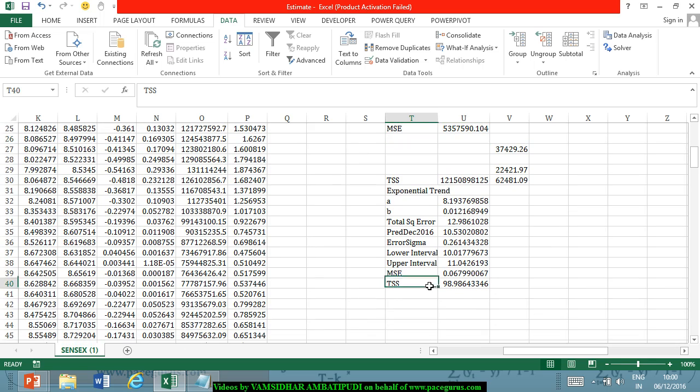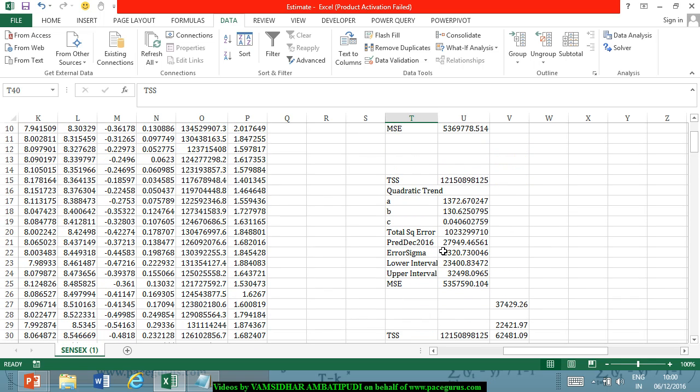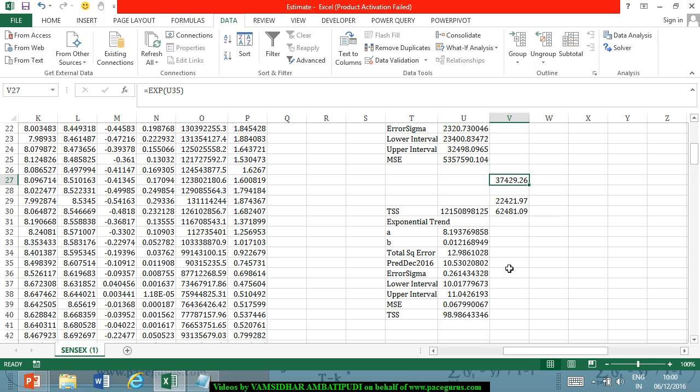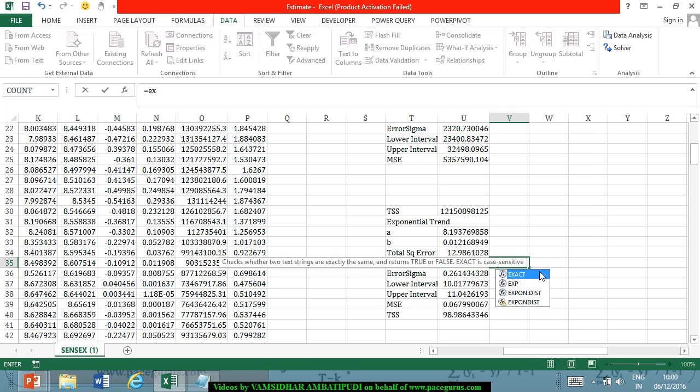So we will go ahead with, based on this, we are computing the total sum of squares. So here let me take the exp.